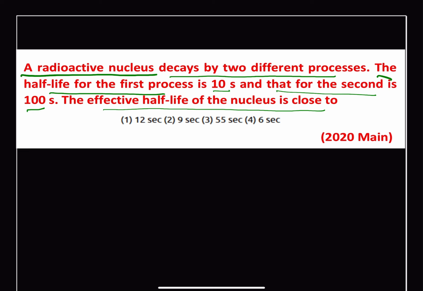For the first process, let us suppose we have lambda 1, and for the second we have lambda 2. So the effective will be lambda 1 plus lambda 2. We have to keep in mind that the processes should be two different or independent processes. So we start with our decay law.